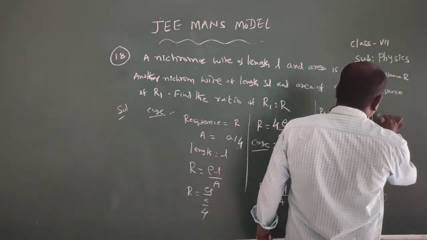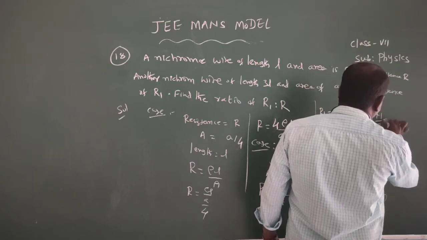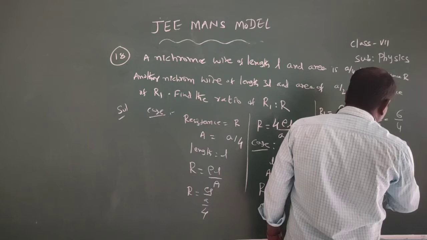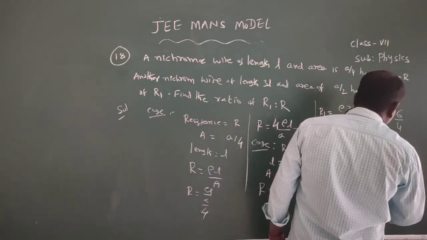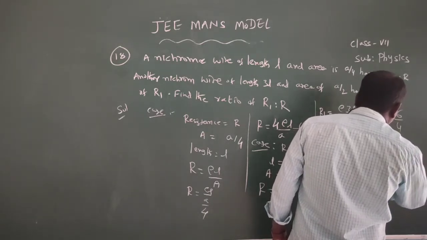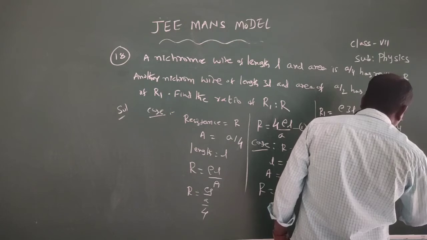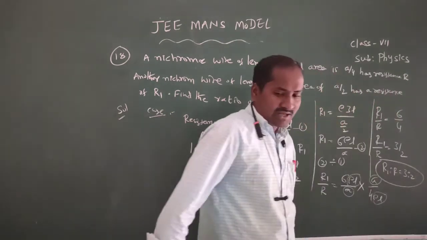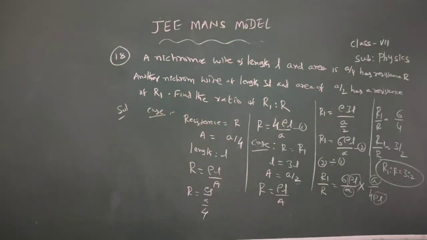Remaining, R1 by R is equal to 6 by 4, that is 3 by 2. So R1 is to R is equal to 3 is to 2.